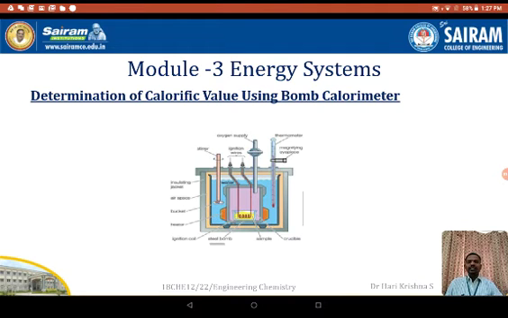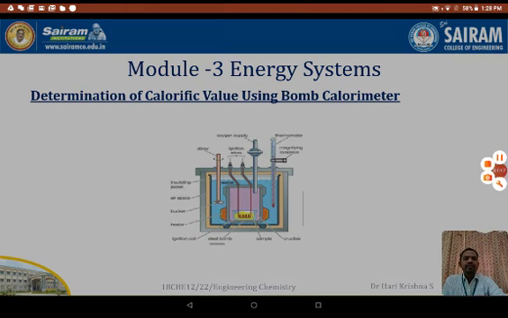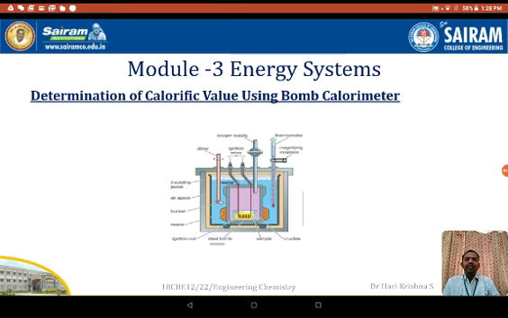Let us see the construction and working of the bomb calorimeter. The bomb calorimeter looks like this. The bomb calorimeter consists of a platinum or ceramic crucible in which a known weight of fuel sample is taken.